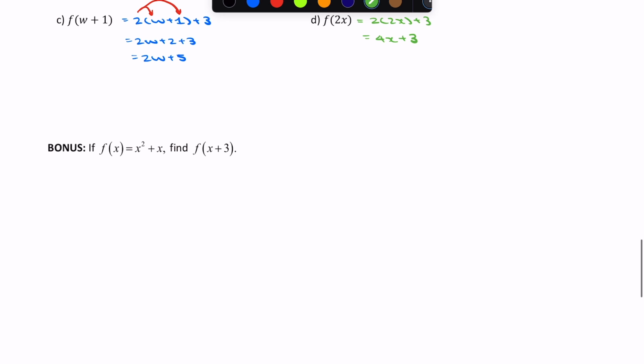And just kind of a bonus question here. If f of x is equal to x squared plus x, find f of x plus 3. So remember, for the x value, we're subbing this entire thing in. So f of x plus 3 will be equal to x plus 3 squared plus x plus 3.